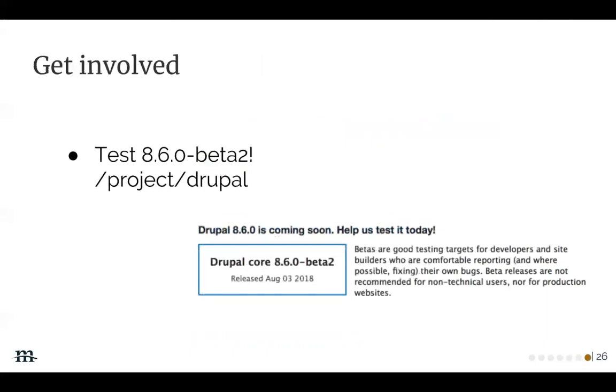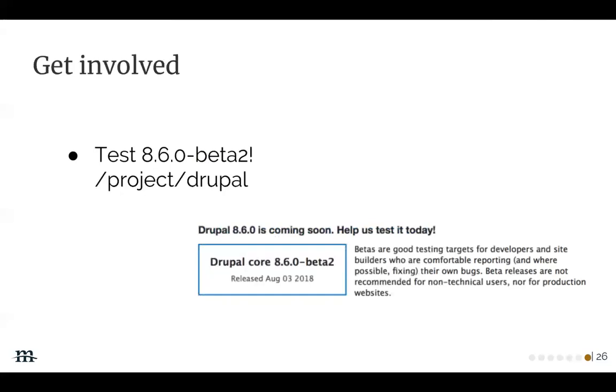You can download beta 2 right now. I'm sure they'll release a release candidate 1 in a week or two, or at least another beta, depending on what they decide. But that will help you test to see if there are any changes that you need to adapt to for the new release.